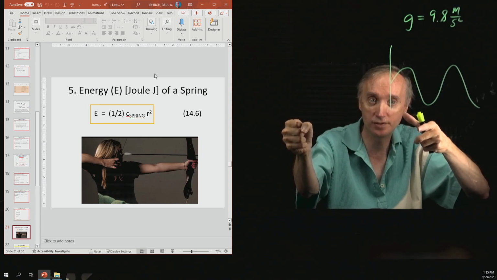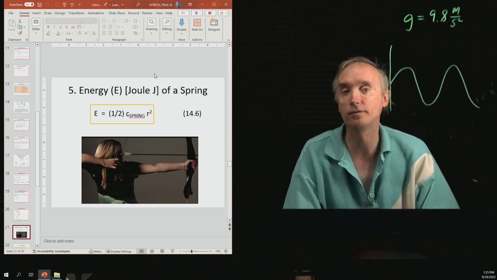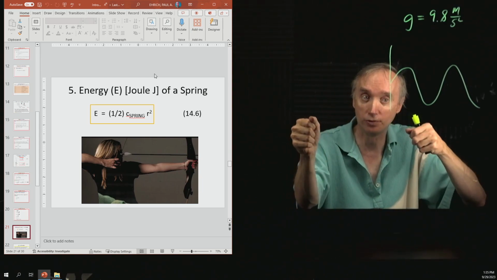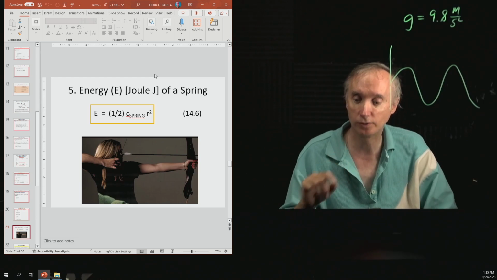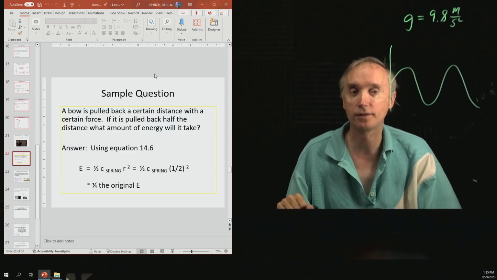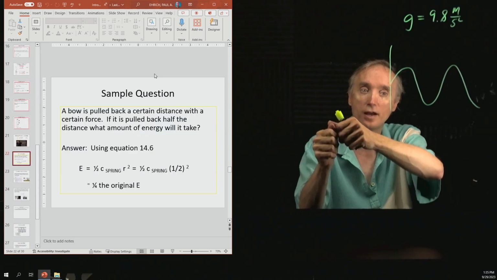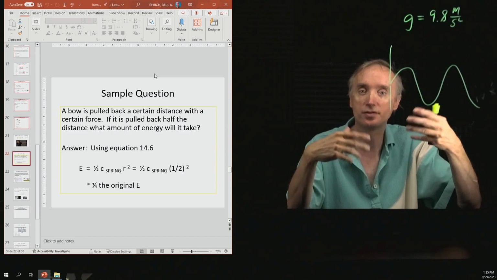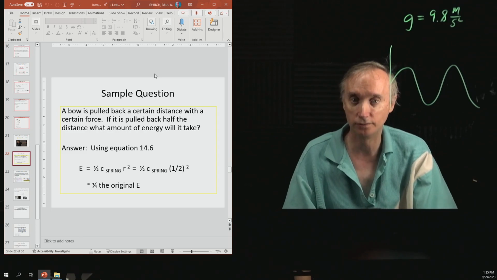So that when you release it, that arrow is going to have a certain amount of energy depending on how far back you pulled the bow. So you should be able to do a problem like this, in which I tell you how far back it's being pulled, and then you tell me how much that changes the energy.